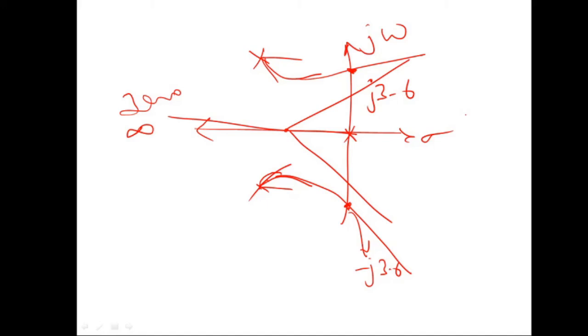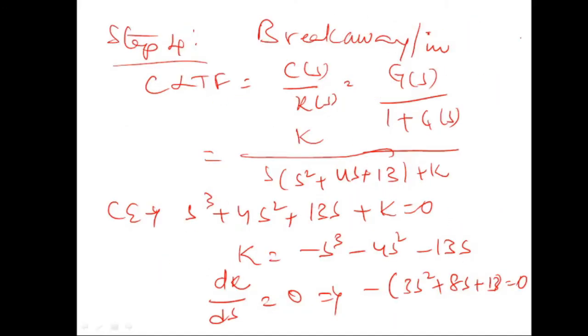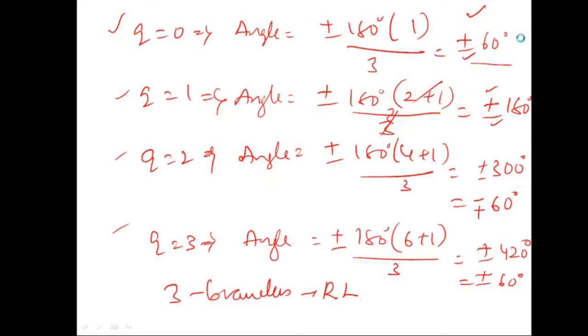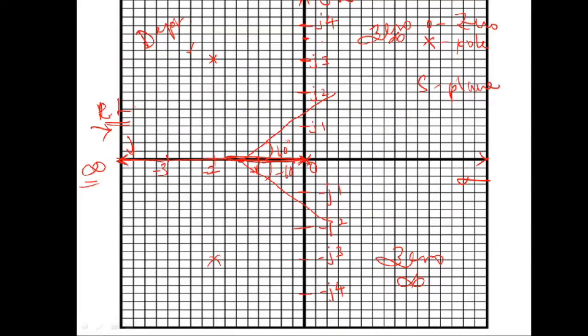So let us indicate 3.6 on the root locus graph. Our graph is here, and 3 is here, 3.5 and 3.6, it will be somewhere here. Let me note the value: plus j 3.6 and minus j 3.6.